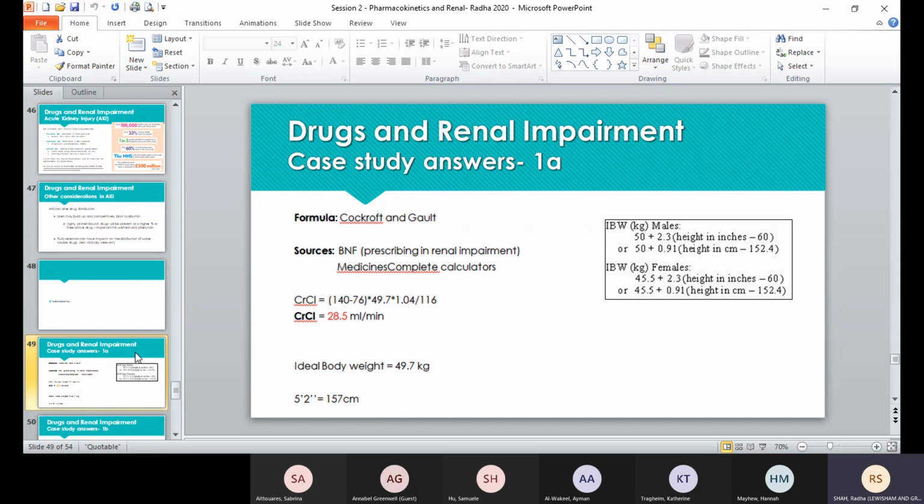So here we've used the ideal body weight. Sorry, I just didn't see the ideal body weight part. But because she's 5'2", she's 157 centimeters tall, and so therefore we would use the ideal body weight, and then the creatinine clearance would be 28.5 mils per minute. Everyone understand how to use the equation? Yeah.